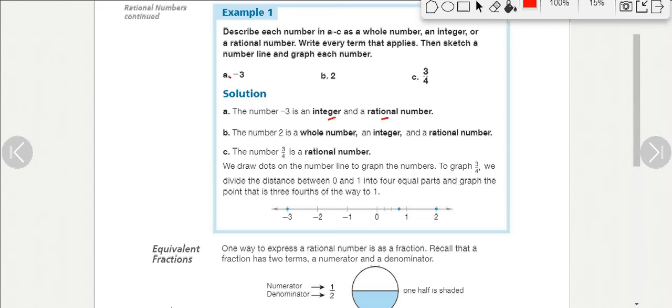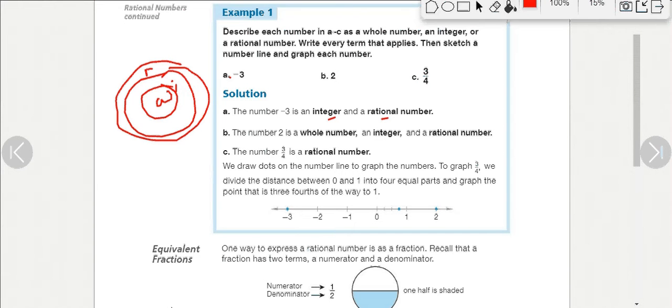Yes, and since whole numbers are inside of integers, which are inside of rational numbers, it's an integer and a rational number too. It might be easier to go this way to determine how far you can include them. 3/4. Is that a rational number? Yes. Is it also an integer? No, which means we can't go any further. It's just a rational number.